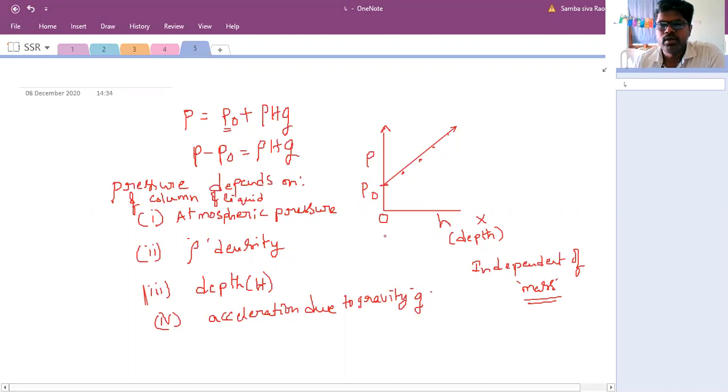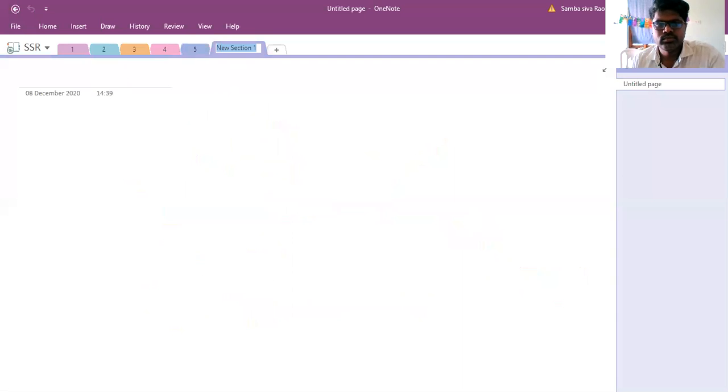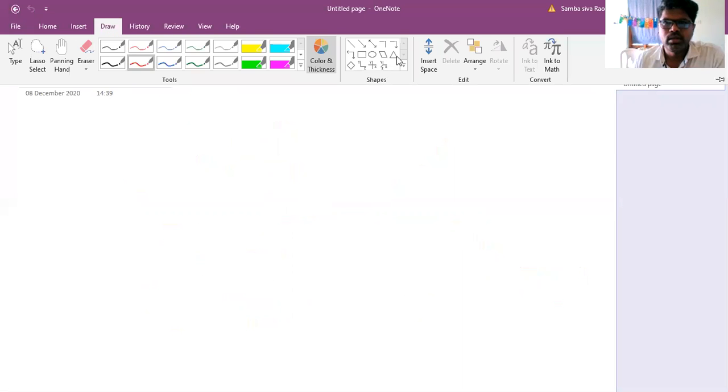Suppose you can take a small example to understand more clearly. Suppose you can take containers like this. I'll draw the containers.